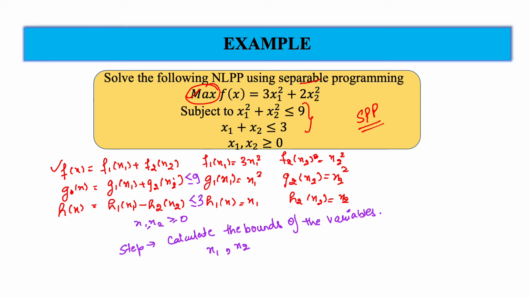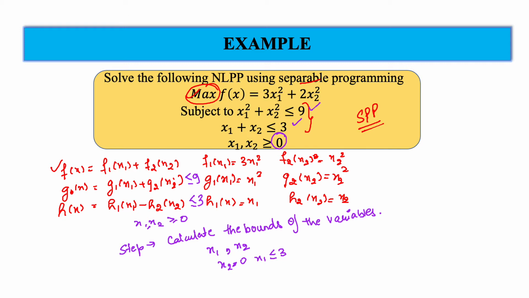You can easily see that the minimum value of x1 is 0, and from this constraint the maximum value of x1 is 3. Even from this constraint, if you substitute x2 equals 0 in the second constraint, x1 is less than or equal to 3.